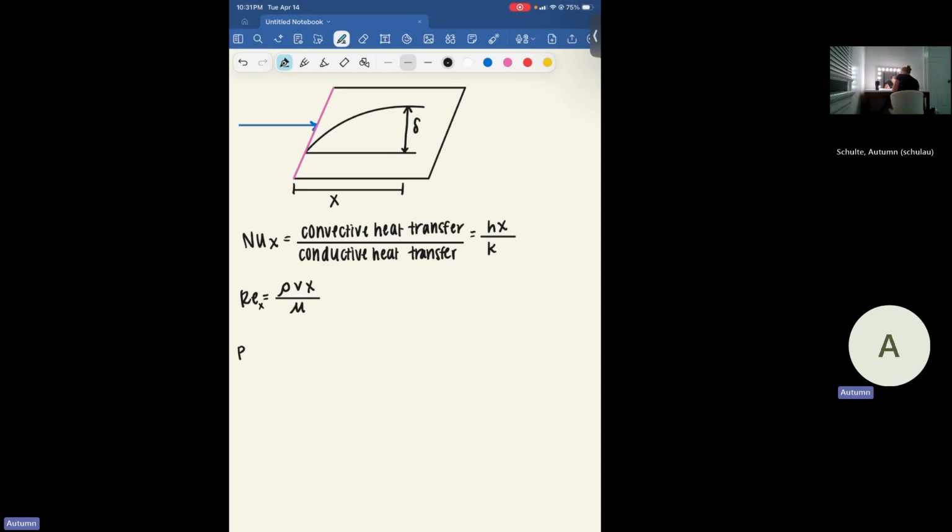The Prandtl number is a ratio of momentum diffusivity and thermal diffusivity. So this is going to be momentum diffusivity divided by thermal diffusivity.